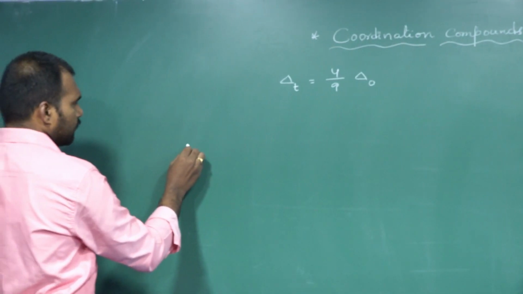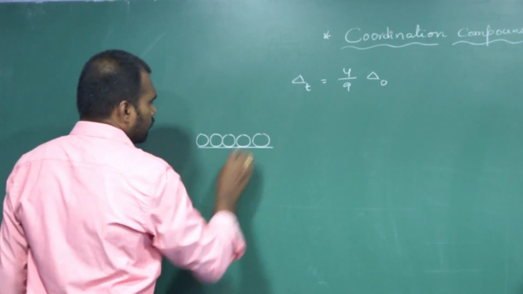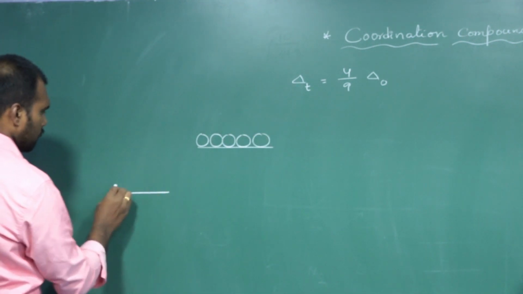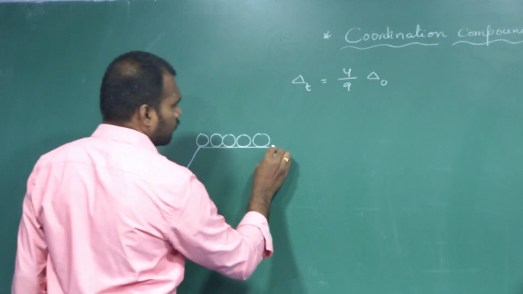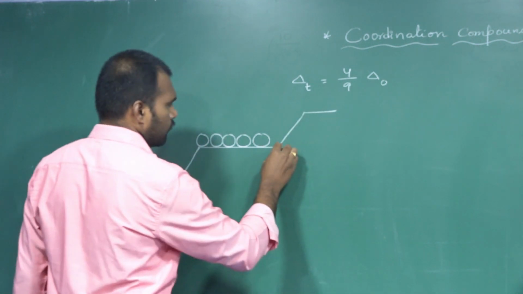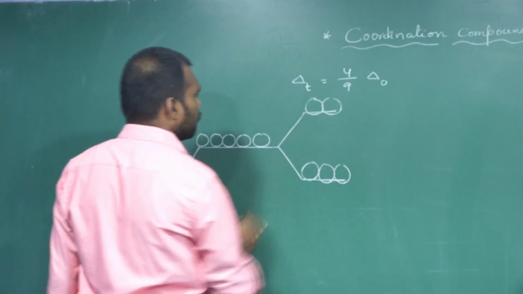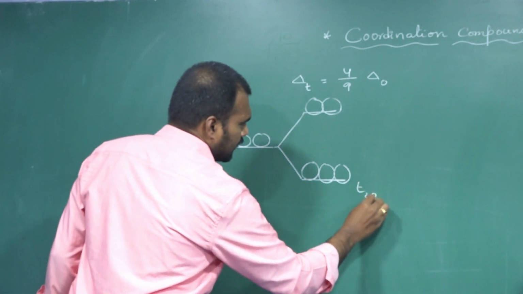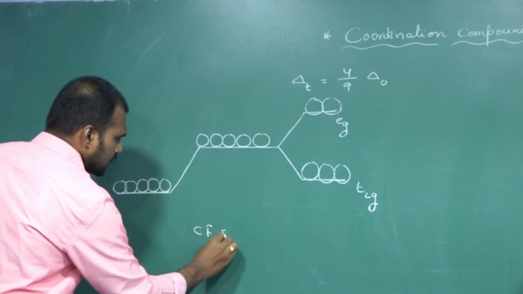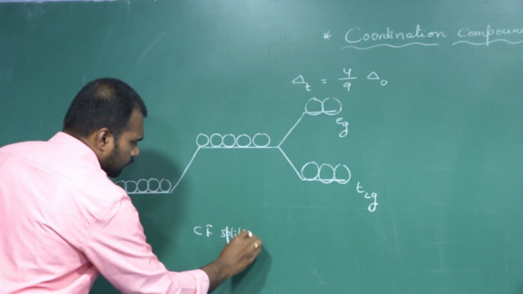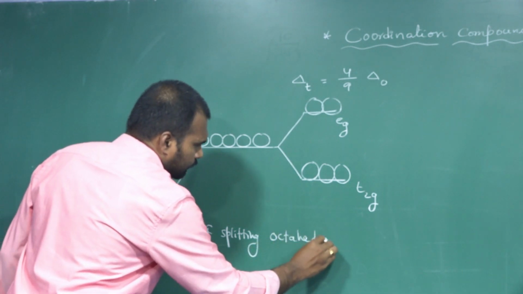For our understanding, here I am drawing. This is the t2g set and eg set, and this is the crystal field splitting in octahedral complexes.